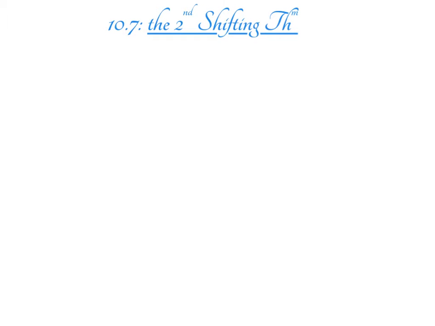We'll continue our discussion of Laplace transforms with the second shifting theorem. The second shifting theorem is going to help us find Laplace transforms of piecewise defined power functions and power functions that have a shift in them themselves, instead of the Laplace transform having a shift.